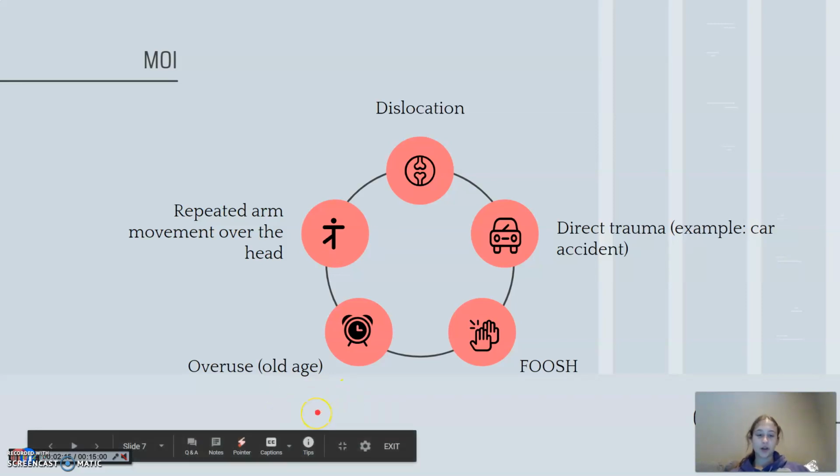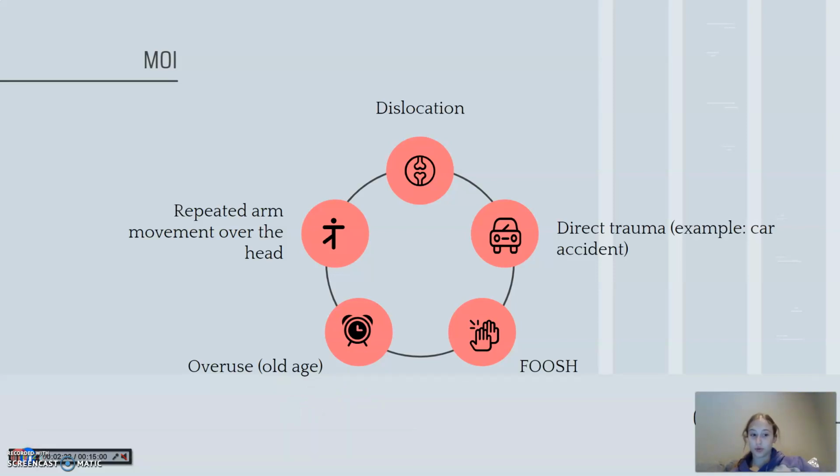It can also happen from direct trauma, for example a car accident, or a FOOSH, because you're putting a lot of pressure on your shoulder when you go down on your hand like that. It's also very common in geriatrics, so a lot of people get it when they're older just from normal wear and tear. And also repeated arm movement over the head, which is important for what types of sports people usually get slap tears in.